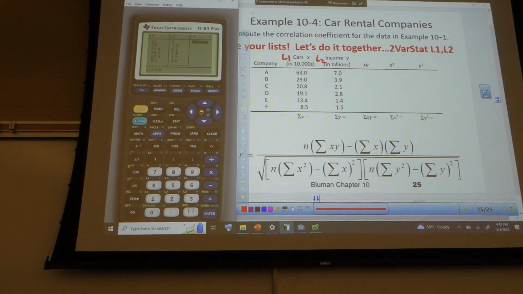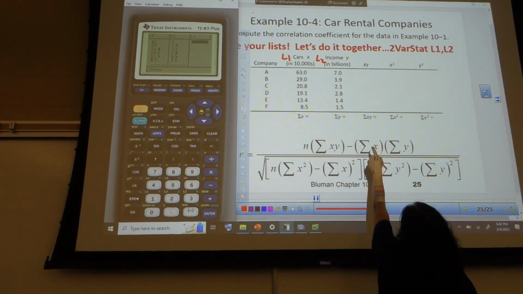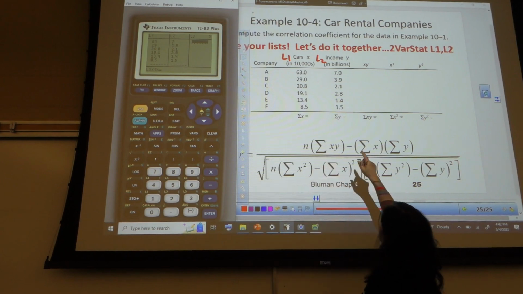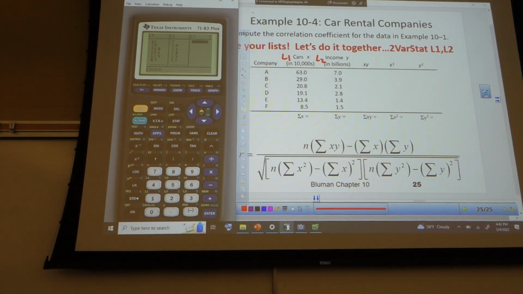Once we have them in there, what we need is every x multiplied by its y. So I want 63.0 multiplied by 7.0 and so forth. In L3, does anyone see where my cursor is? I'm going to arrow up so my cursor is on the L3 itself.